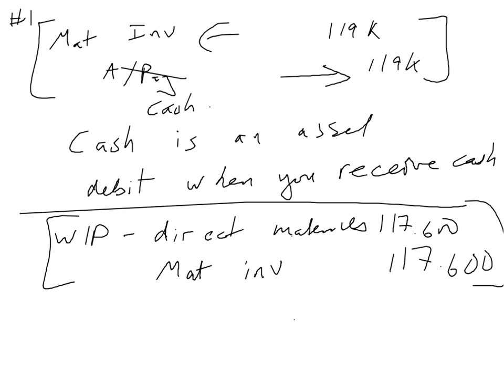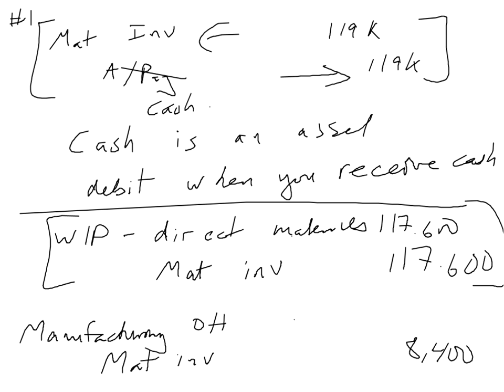All right, number 3, it says issued $8,400 of supplies from the materials inventory. So we're taking something out of materials inventory of $8,400. But what do we debit here? We're going to debit manufacturing overhead control for $8,400.